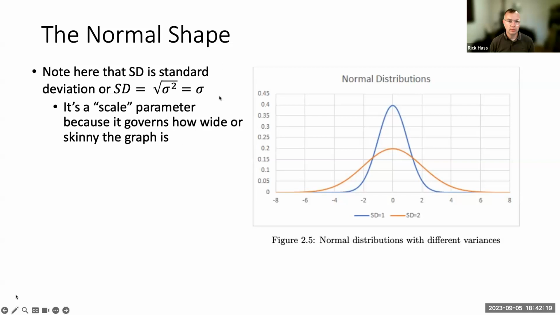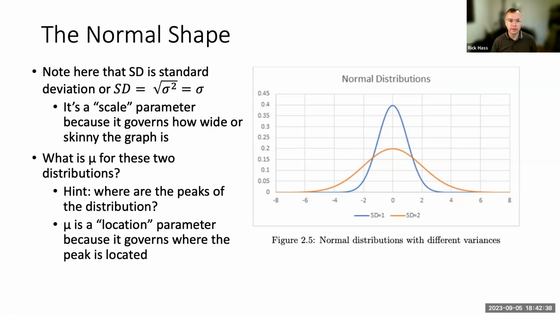Sometimes with a normal distribution, we talk about its variance, sometimes its standard deviation. And remember, standard deviation, little sigma without the square, is the square root of variance. So if I know the population variance, I can take the square root and get the standard deviation.